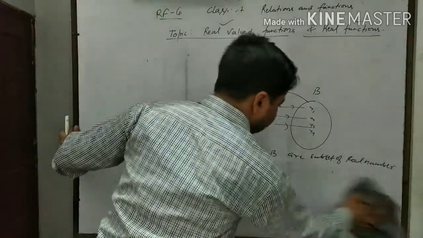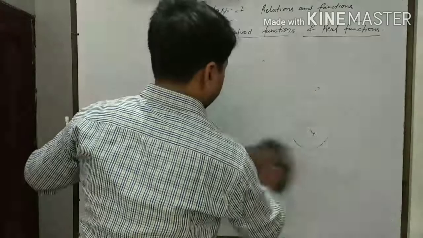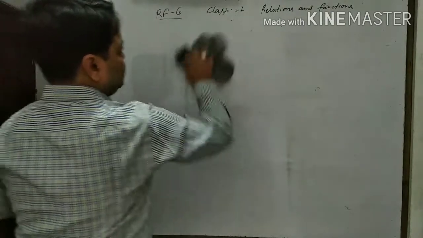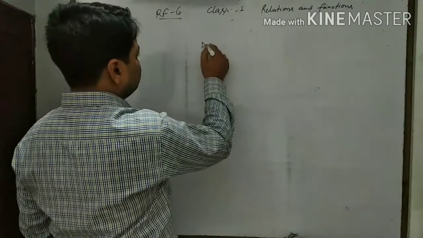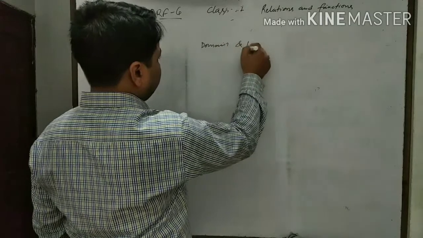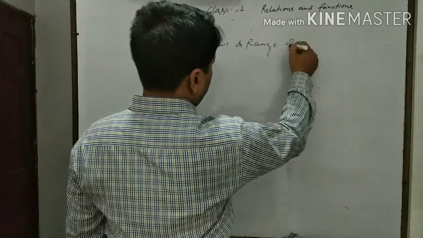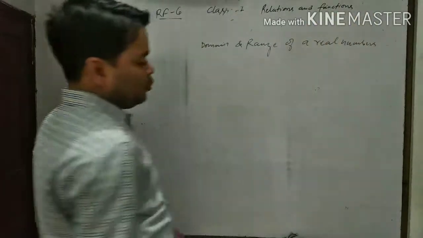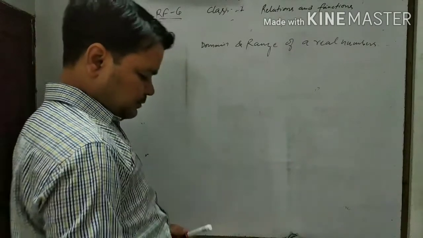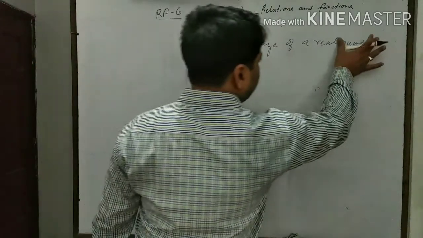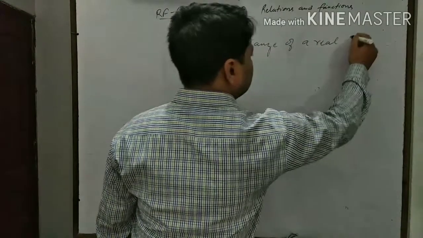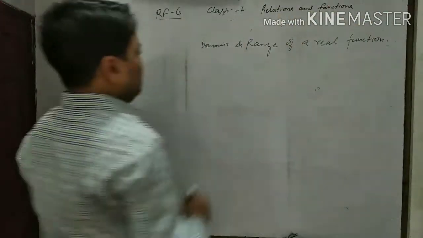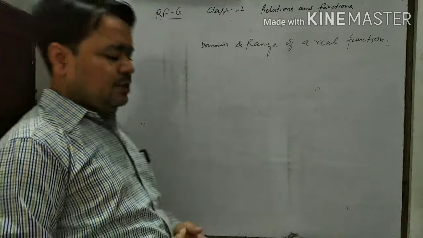Domain and range of a real function. This is class 11. Domain and range of a real function. How do we write it?